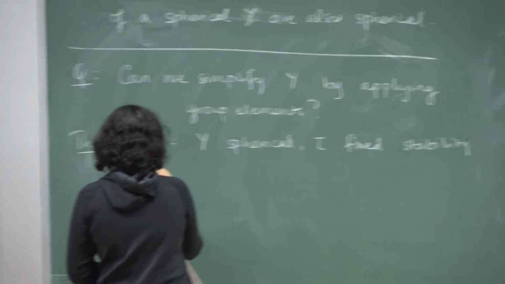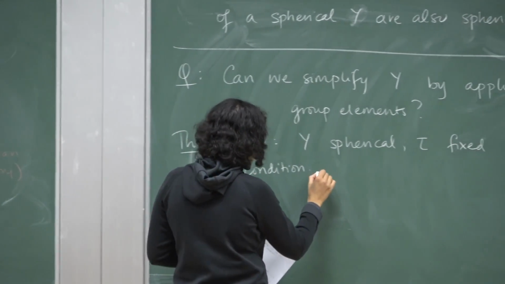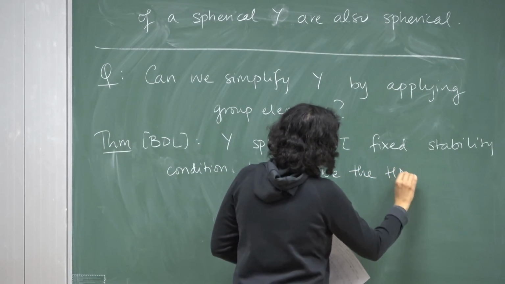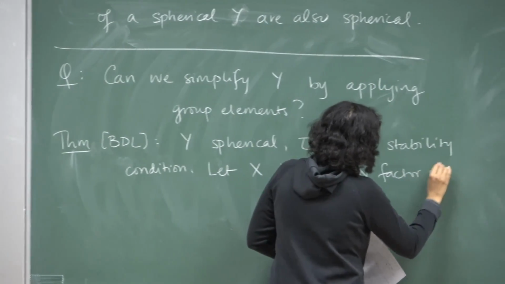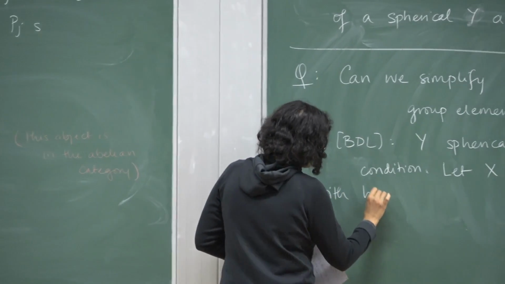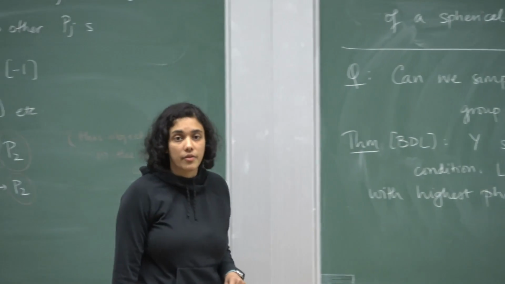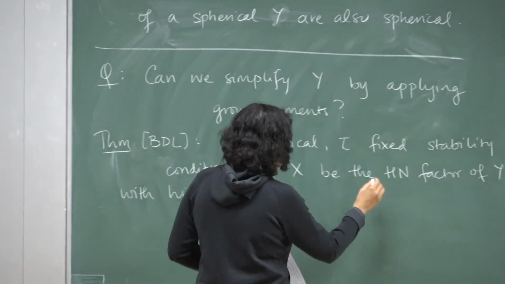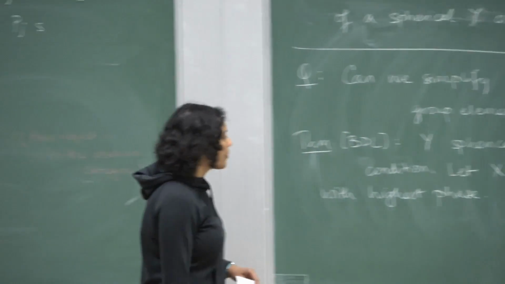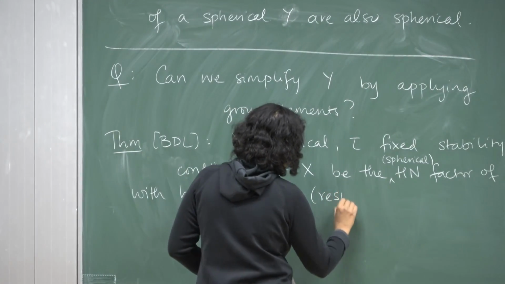Again, it can be any stability condition, no restrictions on C. Now let X be the spherical HN factor of Y with the highest phase among all the HN factors of Y. You can do the same thing for the lowest, respectively lowest.